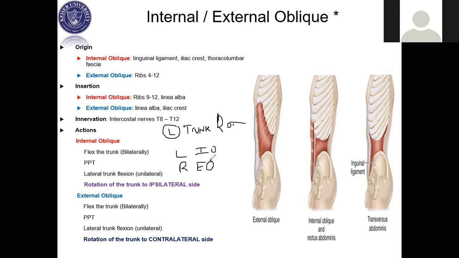So if you were to write this down, if I do trunk rotation to the right, it's going to be my right internal oblique and my left external oblique. If I rotate my trunk to the left, it's going to be the left internal oblique going to the same side and the right external oblique going to the opposite side.